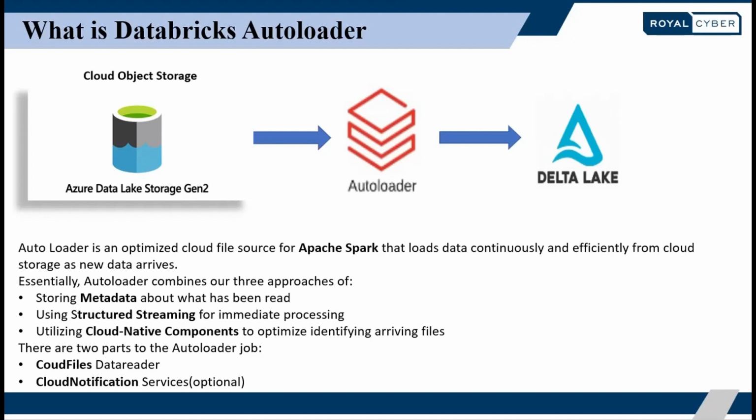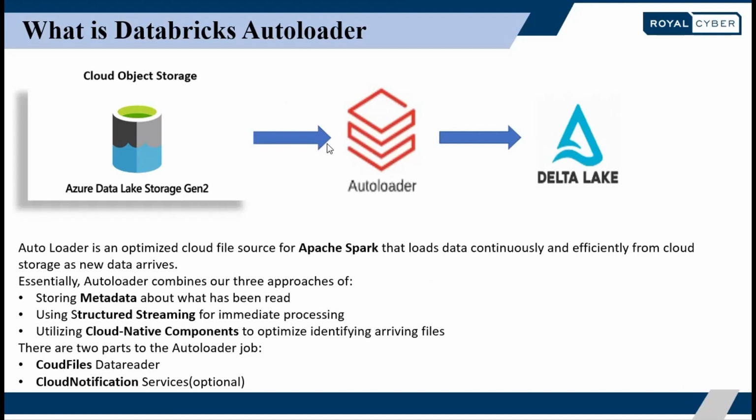Databricks Autoloader is an optimized cloud file source for Apache Spark that loads data continuously and efficiently. In Autoloader there are two parts for the job: the cloud files reader and the cloud notification service.